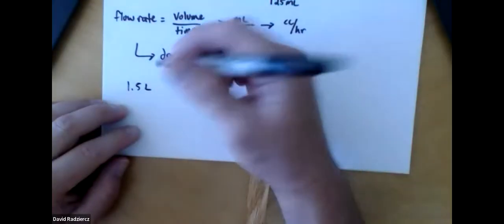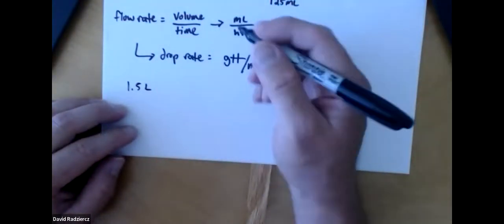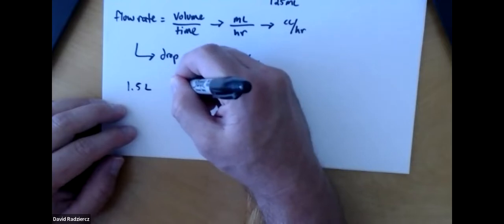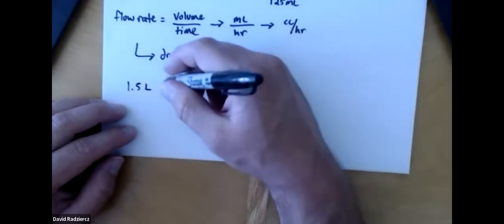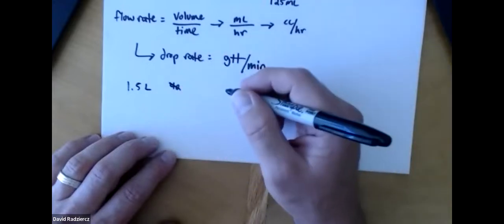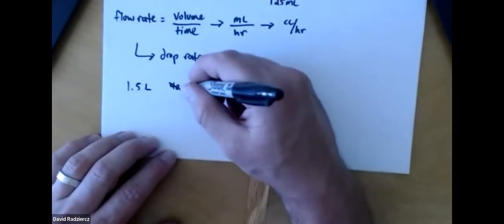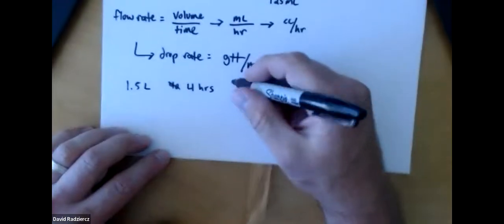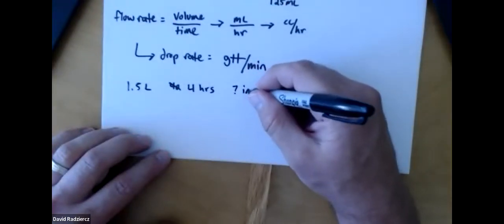It's supposed to infuse over a period of, let's just say, 4 hours. I'm making this up. And then the question is, what do you program into the infusion pump?